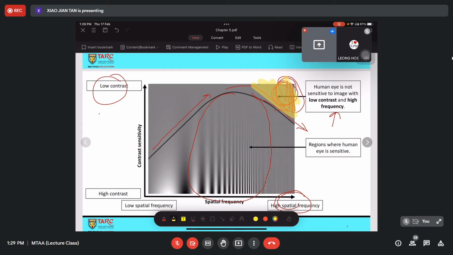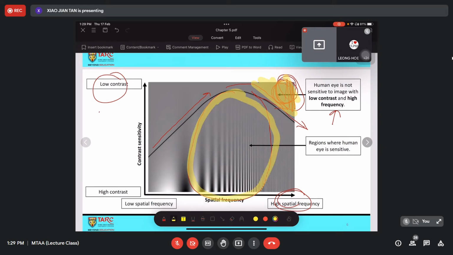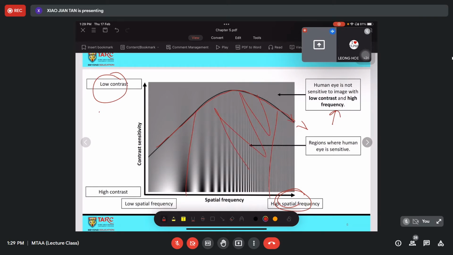So this is the region whereby the human eye is much more sensitive. That is why you are able to observe that the graph goes up and then falls off from here. So this region is the region that the human eye is sensitive to. Why is this important?